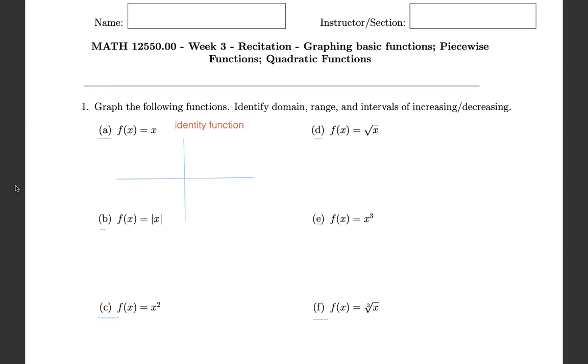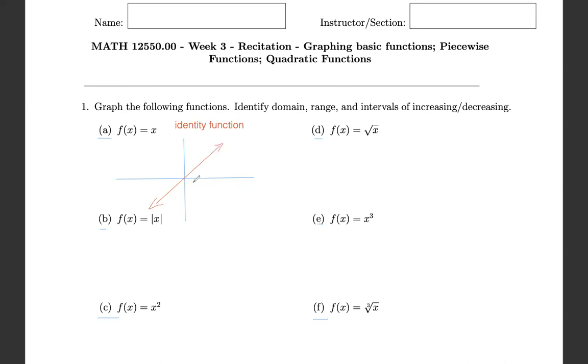On the graph, let me change my color to be red. So the graph cuts the first quadrant and the third quadrant into half and passes through the origin. So that's the graph, right? And of course, we indicate it with arrows, which means this direction goes on forever, and this direction goes on forever.